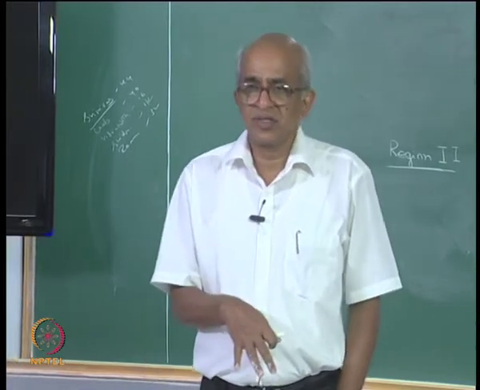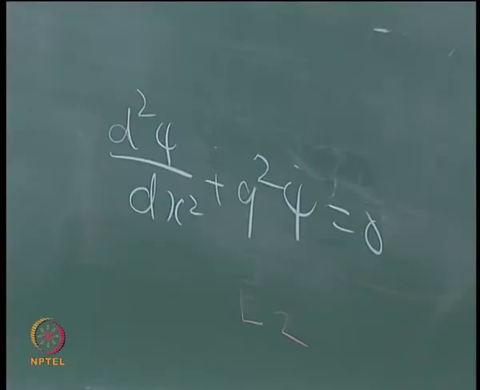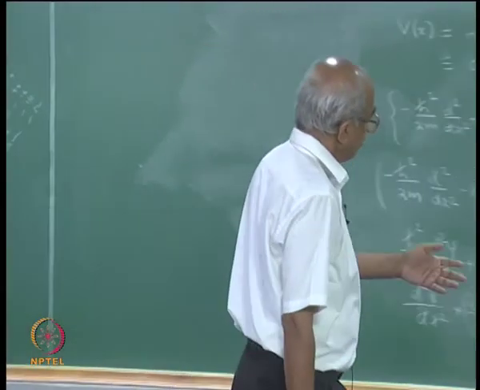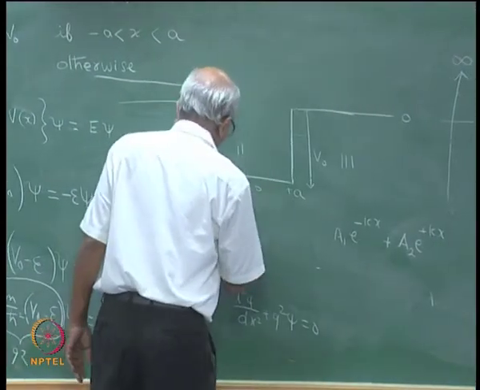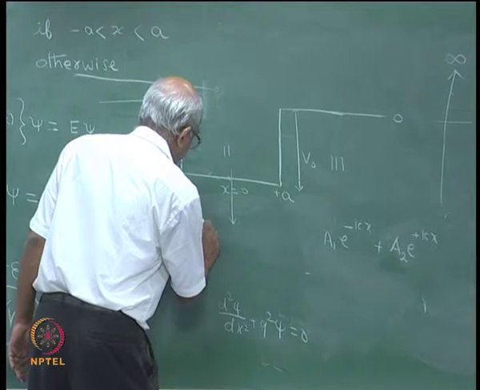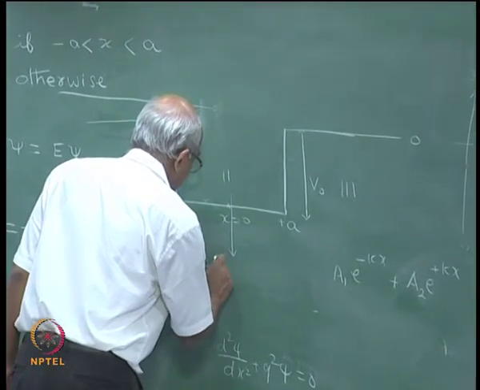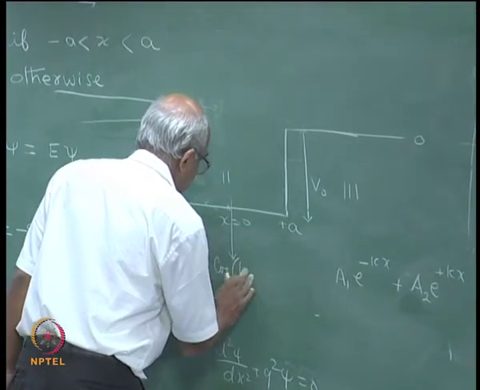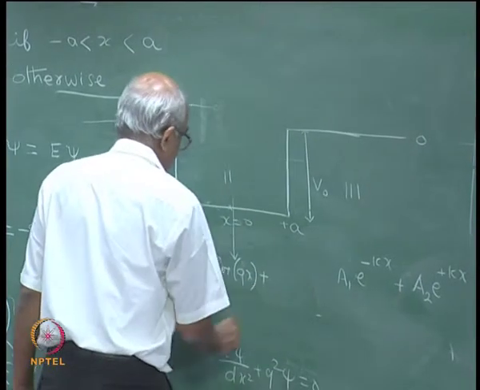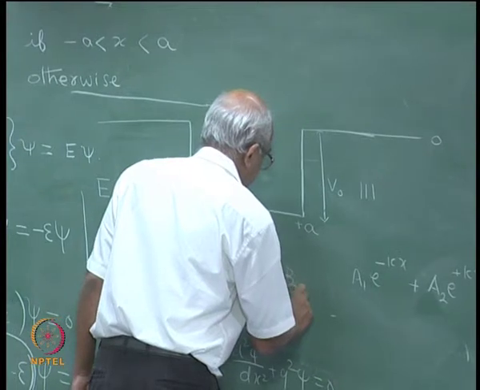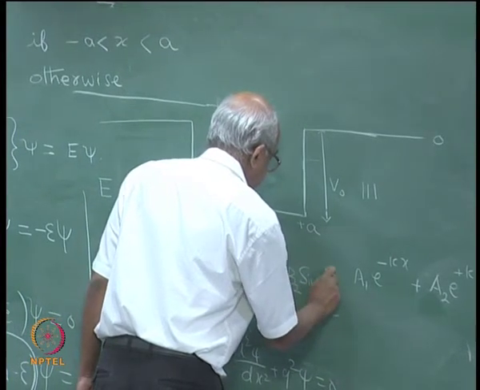So, what is the solution in that region? This is like the particle in a one dimensional box that we have already discussed. The solution is possible for you to write as some b 1 cos q x plus some b 2 sin q x.